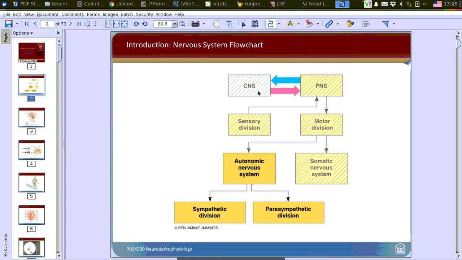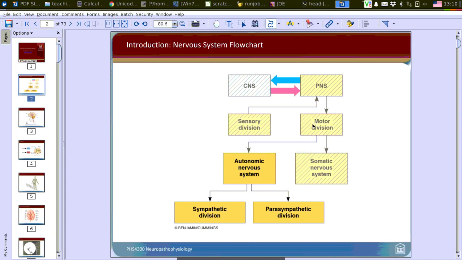Now, the central nervous system will use the sensory information to control our behavior. It could be movements. To produce movements, the central nervous system sends signals to the peripheral nervous system, that is, through the motor neurons, which reach the motor division. In particular, the destination is the somatic nervous system containing the skeletal muscles that will contract to produce movement.